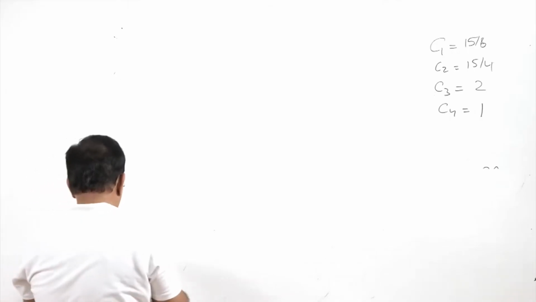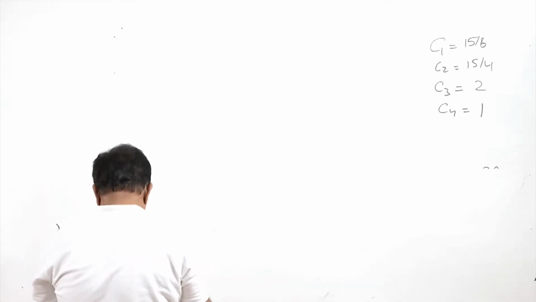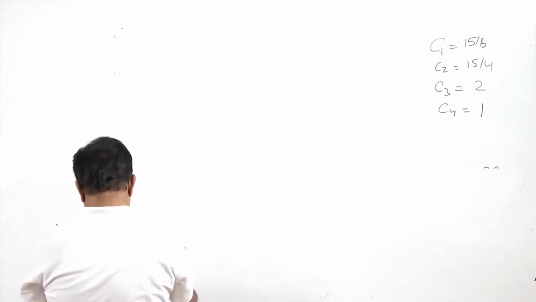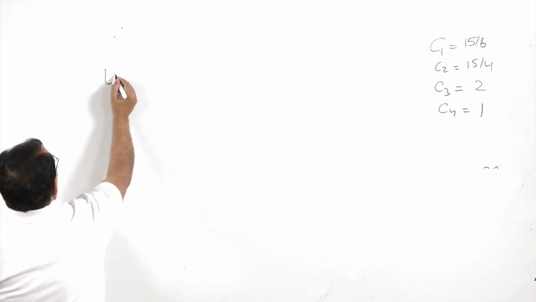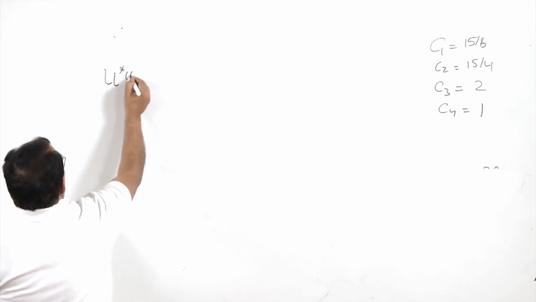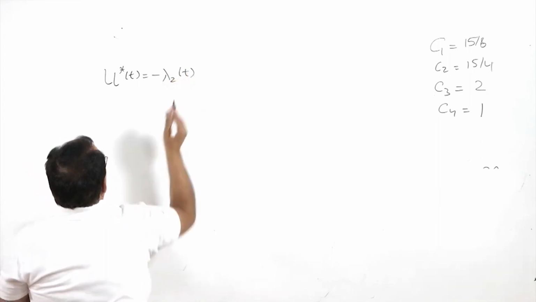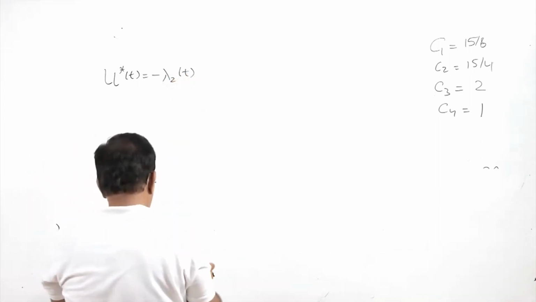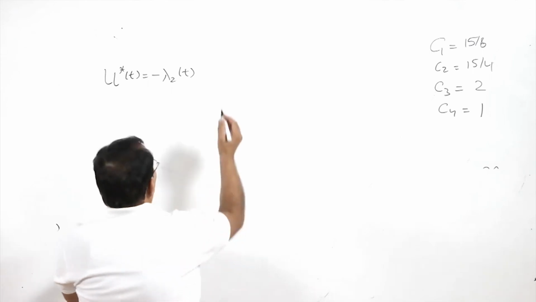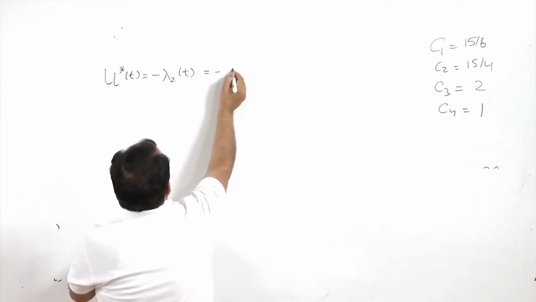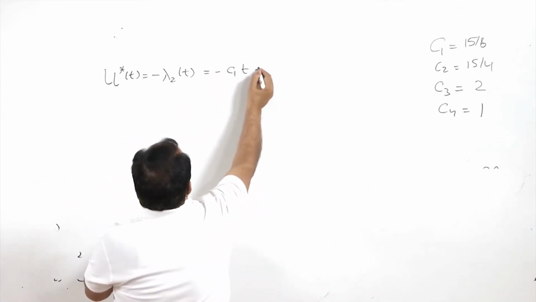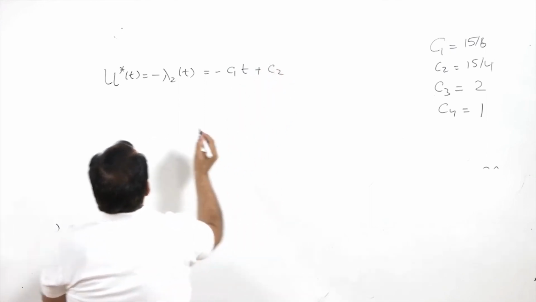my optimal u(t) was, so u star t was minus lambda2(t), and lambda2(t) is nothing but minus C1 t plus C2.